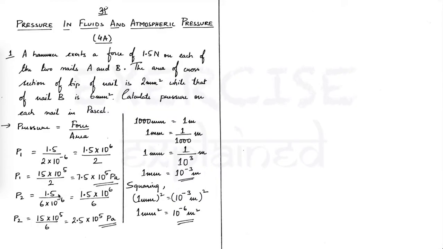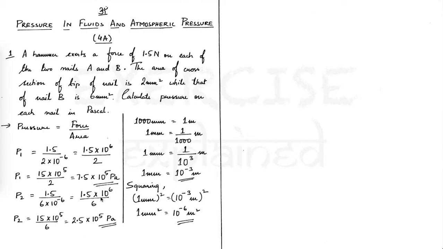Coming to the next one, that is for the case of nail B, I take it as P2. Now this happens to be 1.5, that is force, divided by area, which is 6 millimeter square, which is 6 into 10 to the power of minus 6 meter square. Now minus 6 goes to the numerator, becomes plus 6, and I get 1.5 into 10 to the power of plus 6 divided by 6.